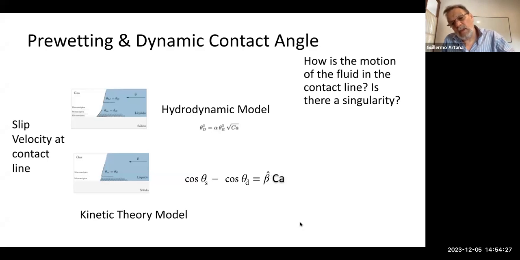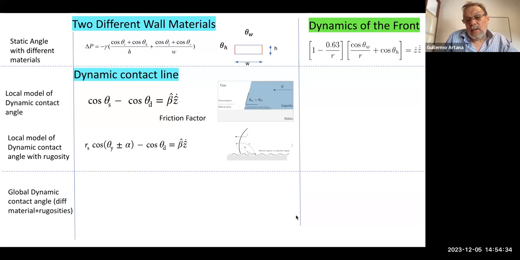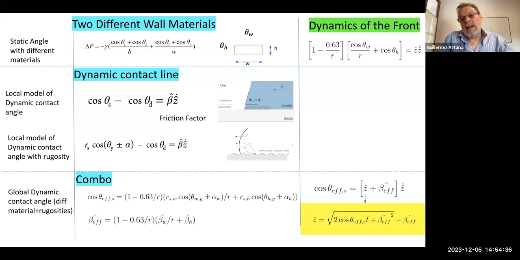So what was our first contribution, or the main aspect that we have tried to determine here, related to the problems we were trying to study. We first tried to incorporate into the Lucas-Washburn equation the fact that we have two different wall materials, the fact that we have a movement of the line, and also the possibility of rugosity.